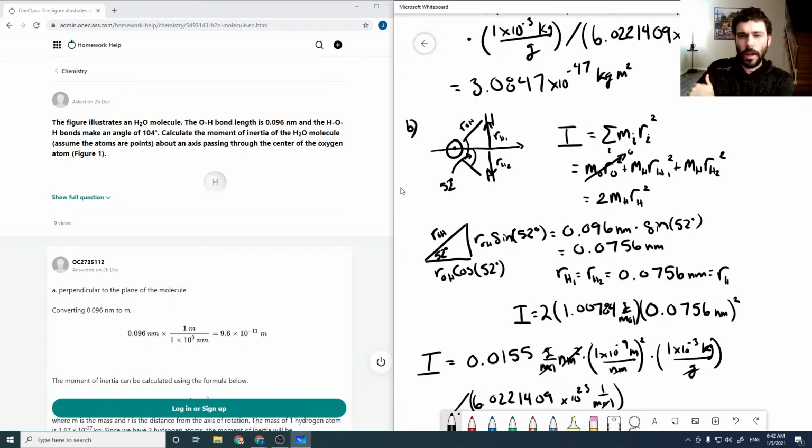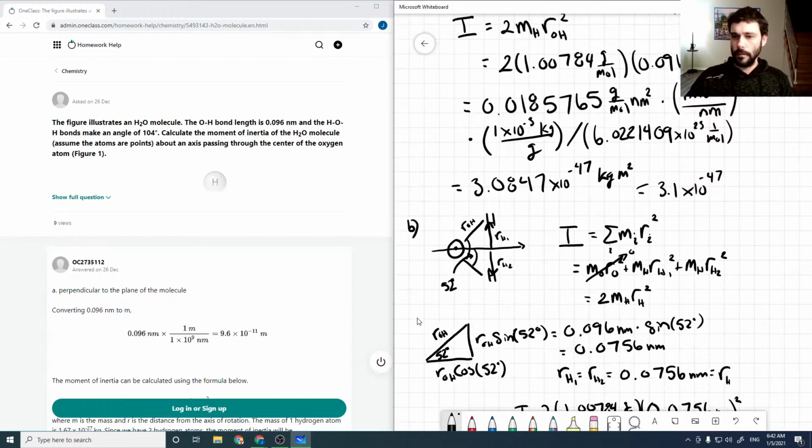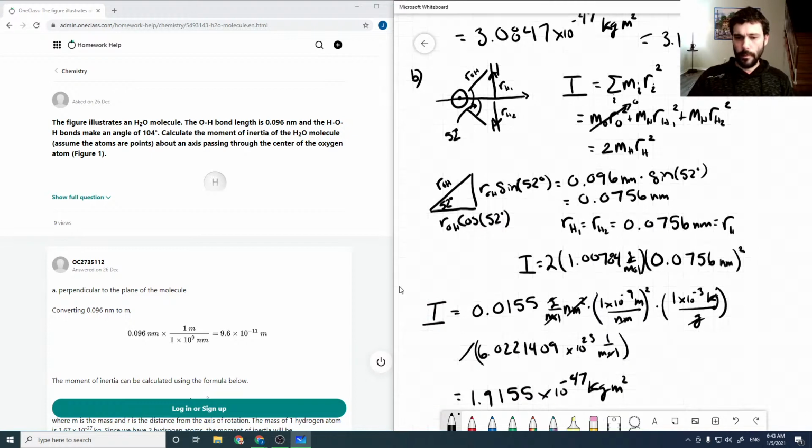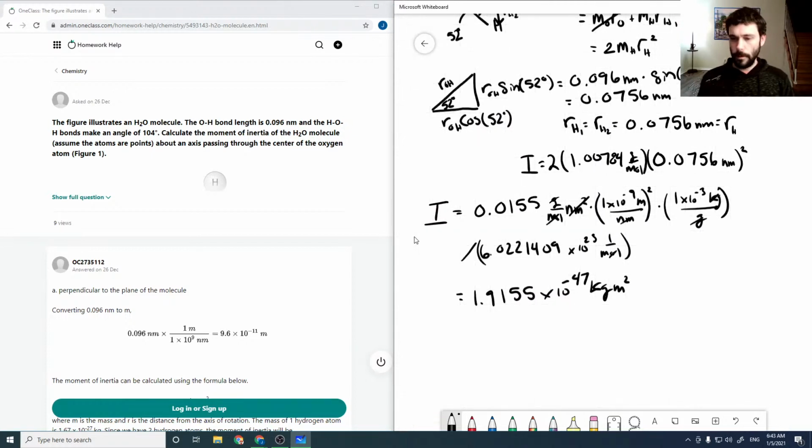Yeah, so it should actually probably be 3.1 times 10 to the minus 47 with 2 significant figures, and 1.9 times 10 to the minus 47.